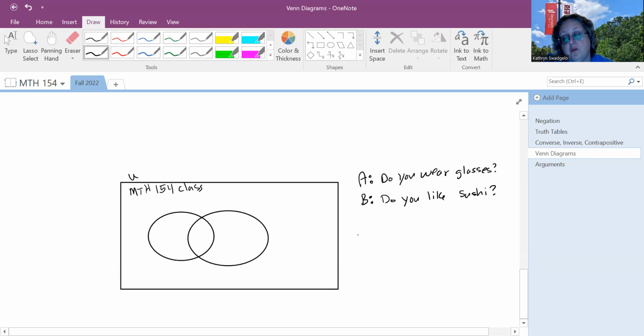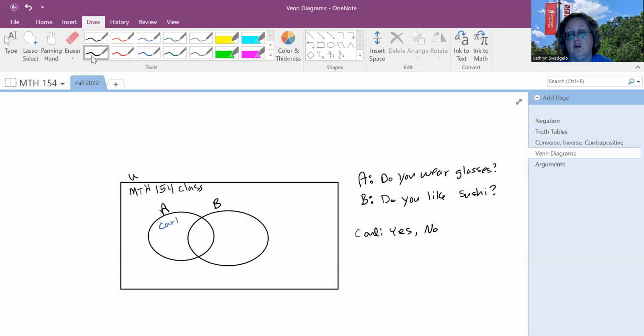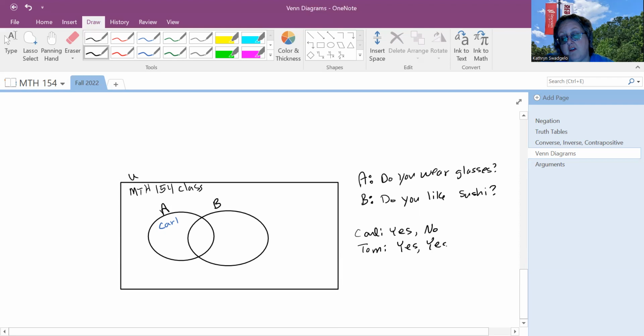So let's make up some students. So perhaps Carl says yes, he wears glasses, and no, he doesn't like sushi. So here's A and here's B. Where does Carl go? He does wear glasses, but he doesn't like sushi, so he's over here. What about Tom? Tom says yes, he wears glasses, and yes, he likes sushi. So where is Tom going to be? He's going to be here in the middle.